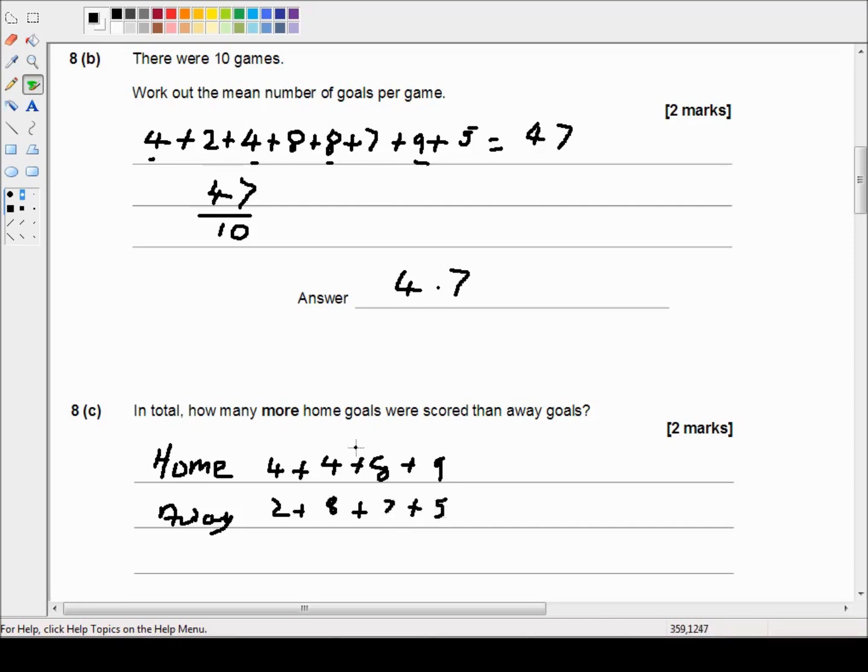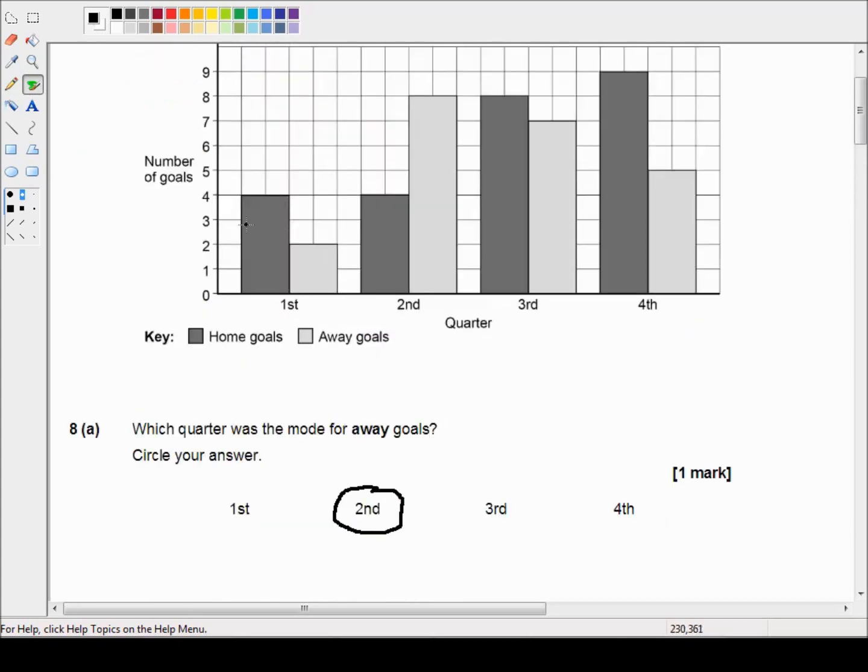I'll just double check that with the chart. So yes, home is first and then away.